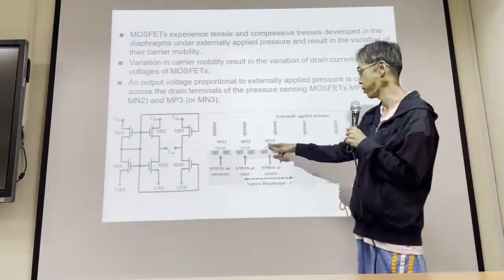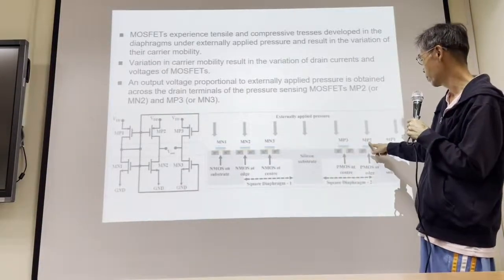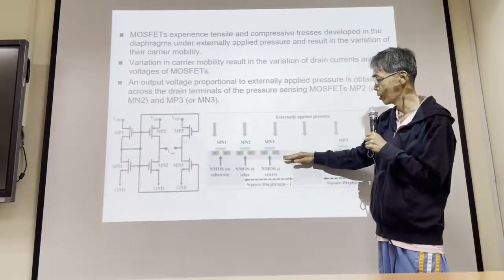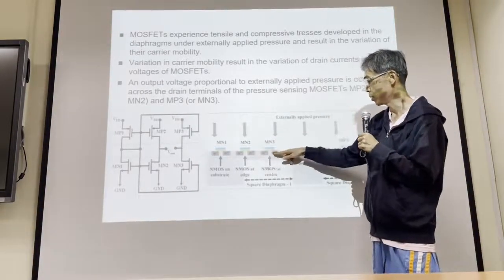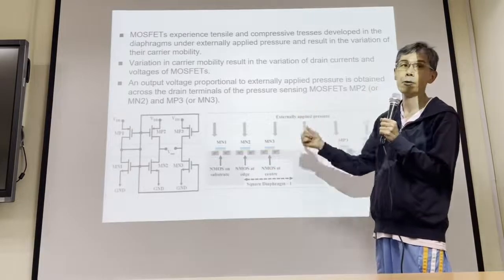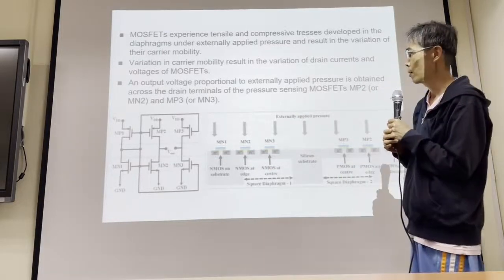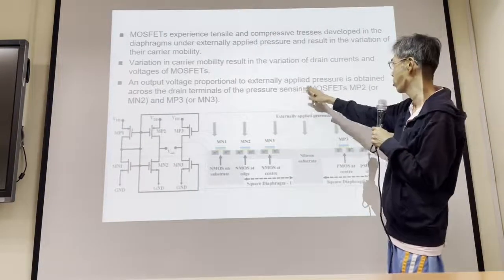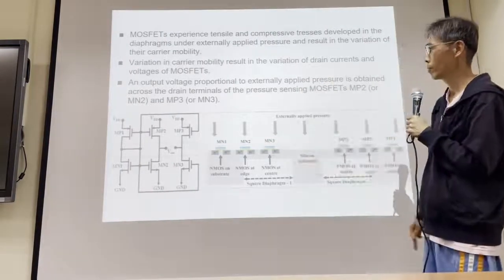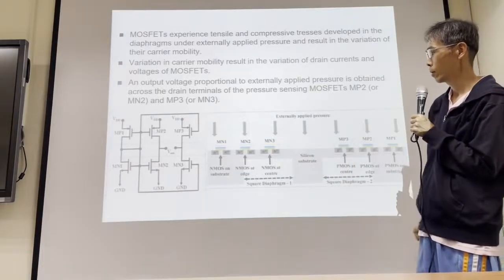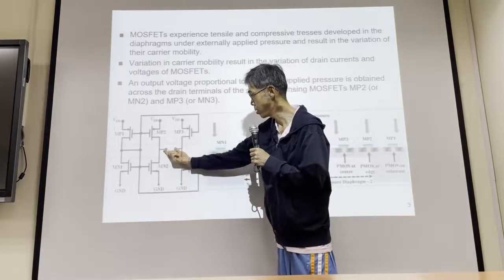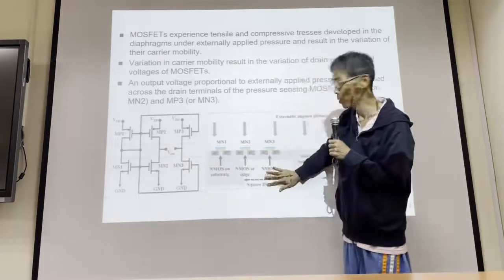But MN2, MN3, MP2, MP3 are influenced by this pressure. Their mobility will be influenced by either tension or compression. So the output voltage will be proportional to the pressure. See, we have output voltage, so this voltage output will be influenced by this pressure.